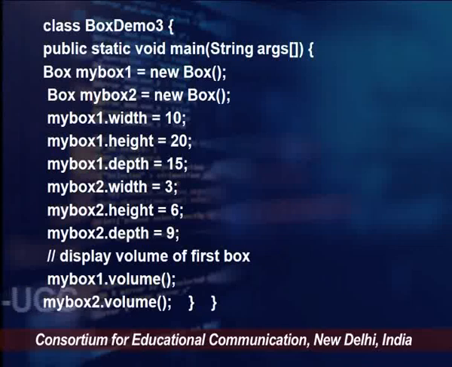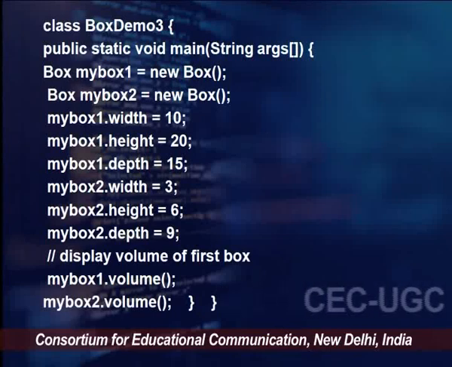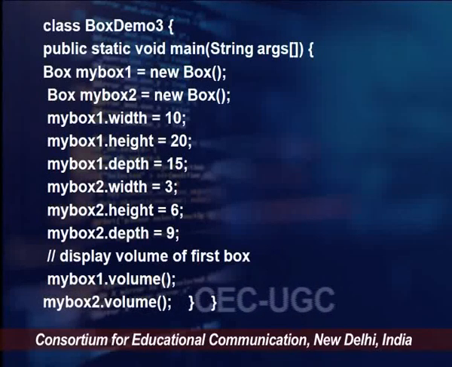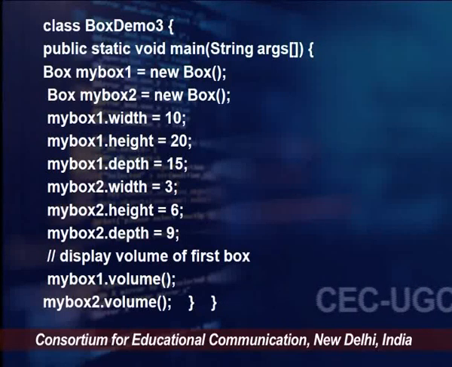So some random values, let us say 10, 20, 15, have been assigned to width, height and depth of myBox1. Similarly, we have created one more object here which is named myBox2.